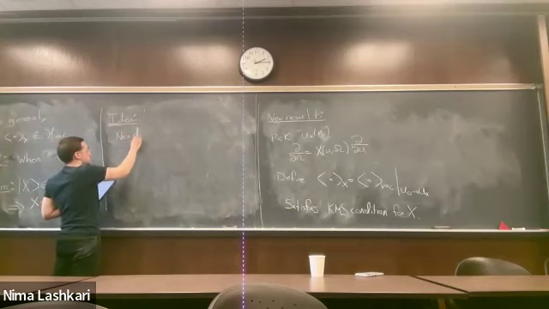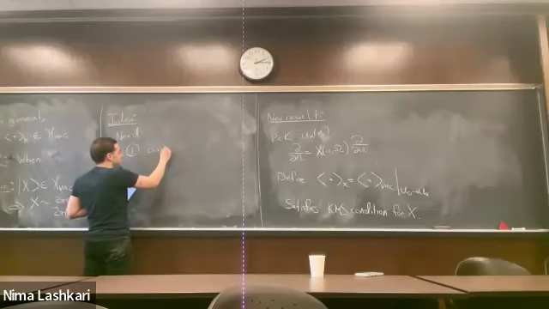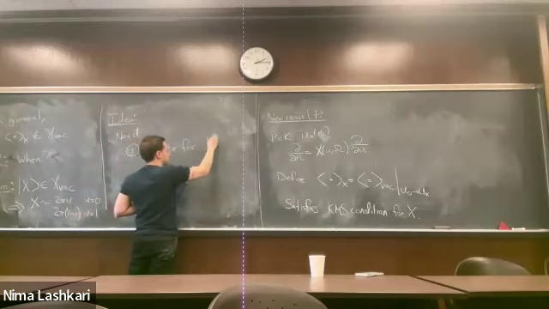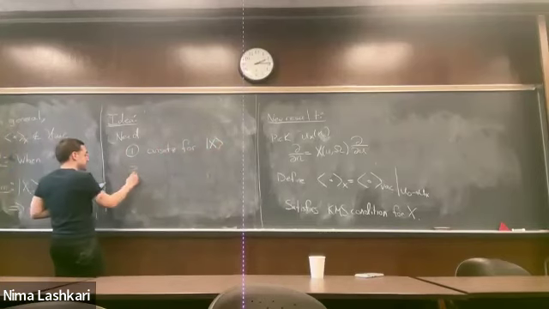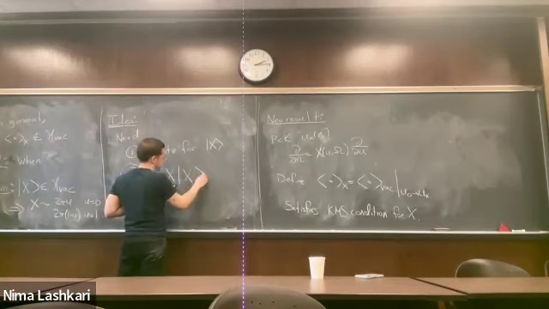We need two things. One, we need an ansatz for what this state would be. We just need to be able to write down something. But the second thing we need is to check that our ansatz is normalizable.